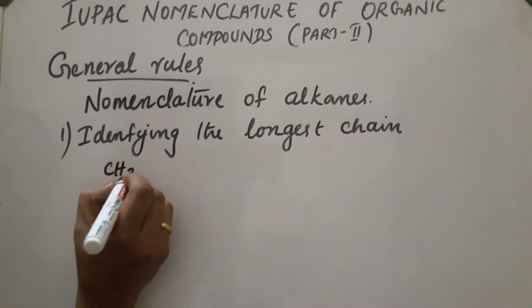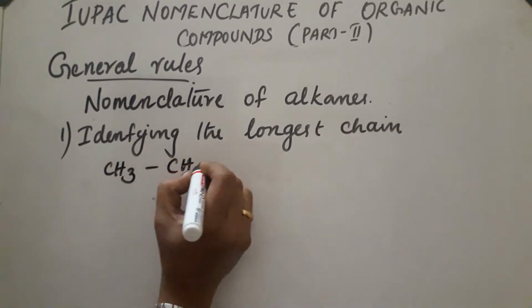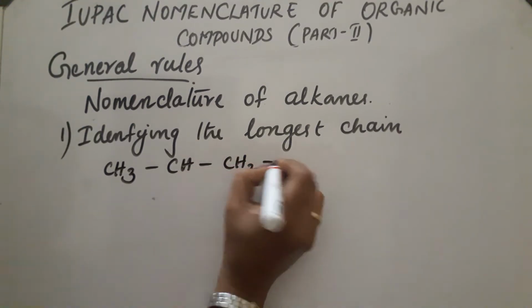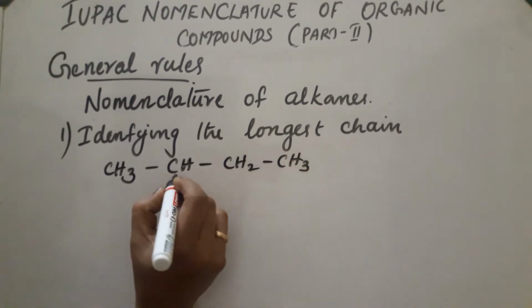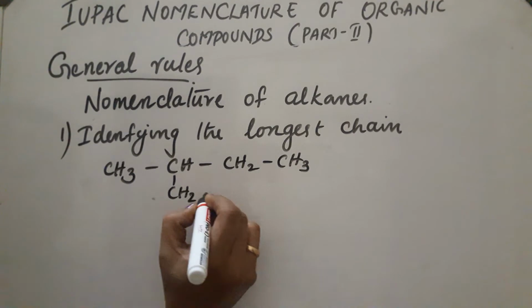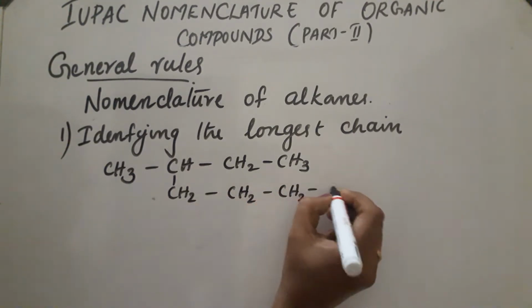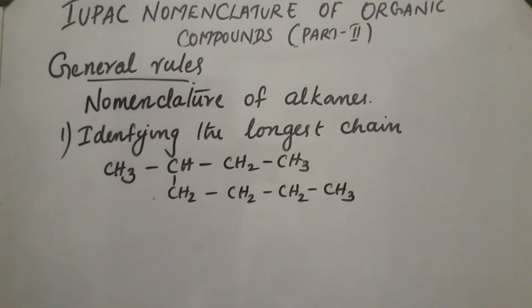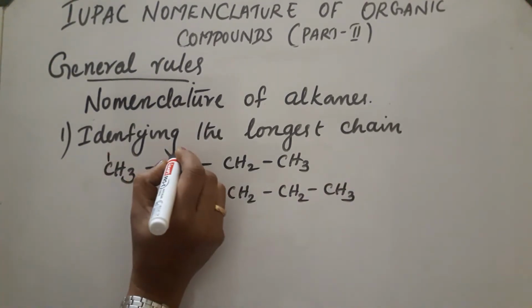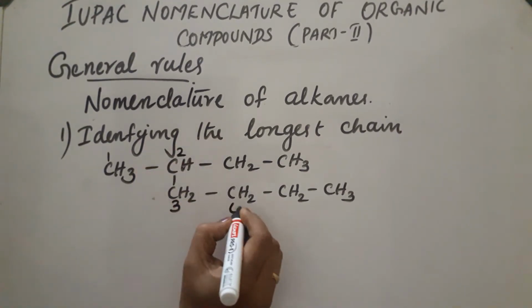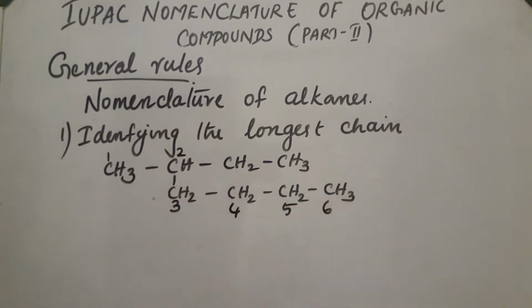Take one example, CH3, CH. In this case, the longest chain will be this one: 1, 2, 3, 4, 5, 6. So, the parent chain will be hexane.